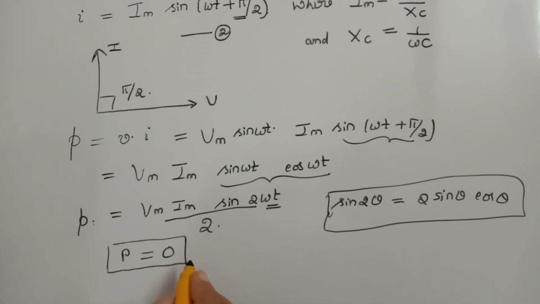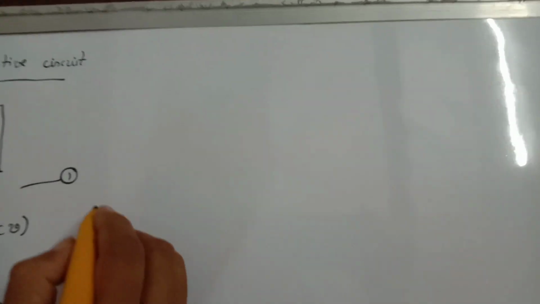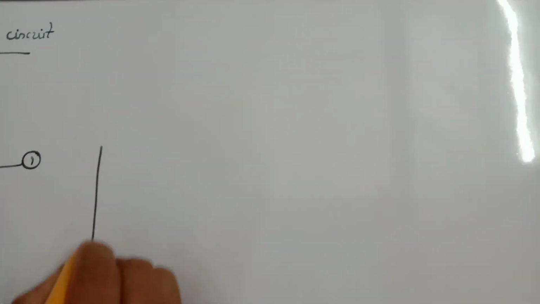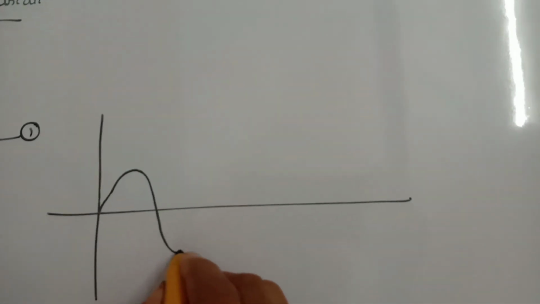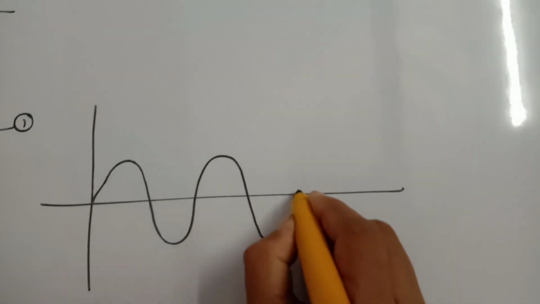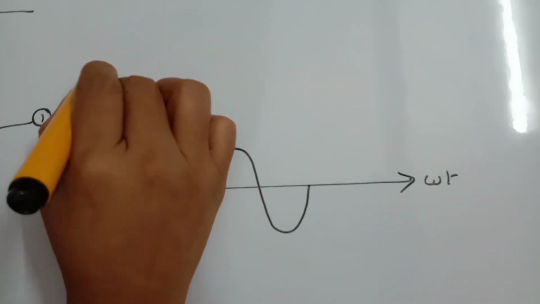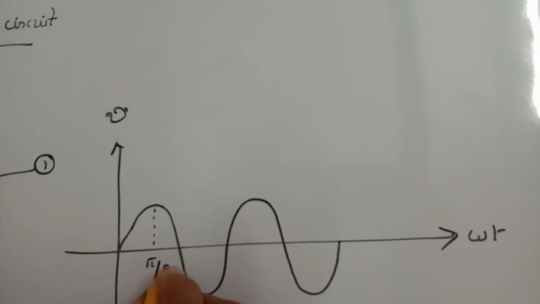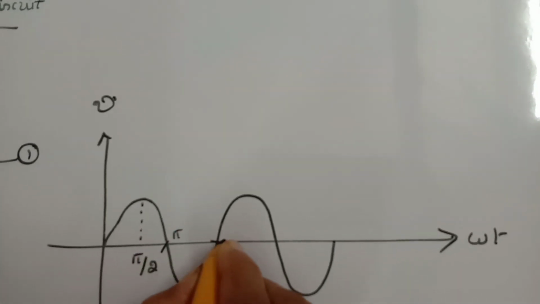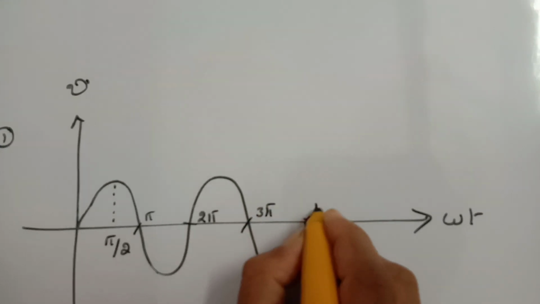Now we'll plot the waveform for the variation of voltage, current and power. Here I'll take 2 cycles of voltage. Now since current leads, this is 90 degree, this is π, this is 2π, 3π and 4π.